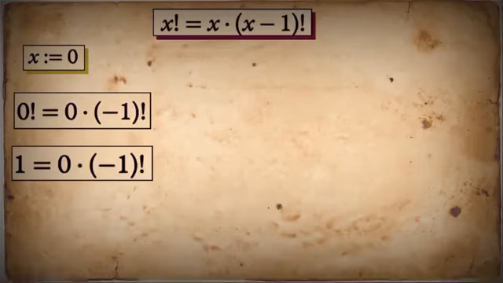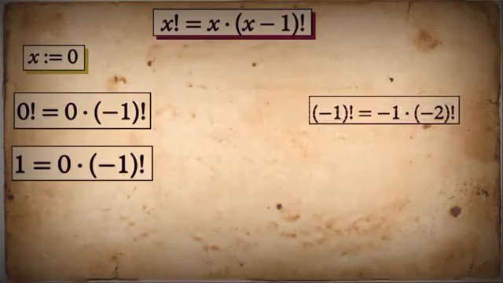If we continue further and substitute x equal to negative 1 into the recurrence, we get the factorial of negative 1 equals negative 1 times the factorial of negative 2. Since the factorial of negative 1 is already undefined or infinite, this equation just propagates the problem. The factorial of negative 2 is equally problematic. The same issue repeats at every negative integer.